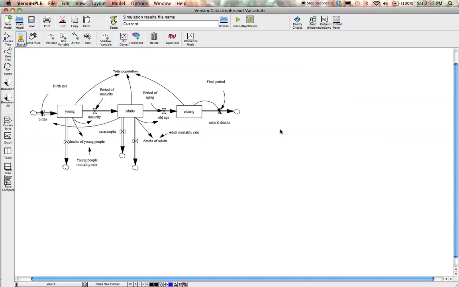And so this model, it's interesting. It's got three cohorts: a cohort of young people, a cohort of adult people, and a cohort of elderly people. And of course, these cohorts exchange, one matures to the other. So I'll walk you through a description of the model, and we'll look at some of the units and see what the results are.